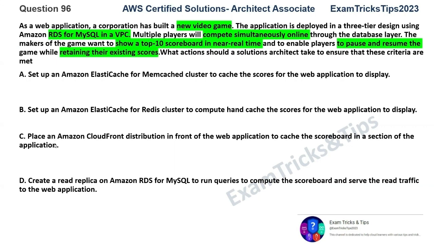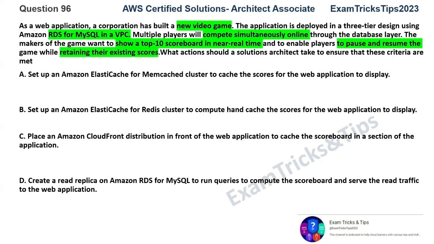Let's go through the options and see which ones are the obvious wrong ones. Let's go to option C. Option C is saying, let's put a CloudFront distribution in front of the web application to cache the scoreboard section of the application. Now CloudFront is a good solution when you have to globally distribute static pages or static images.